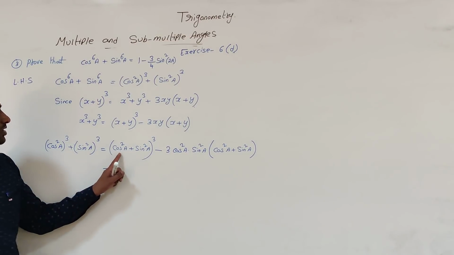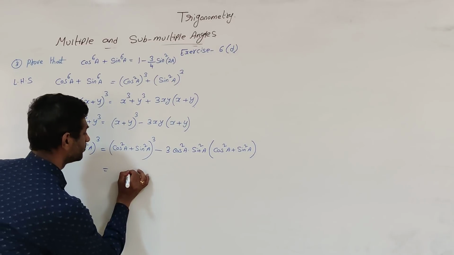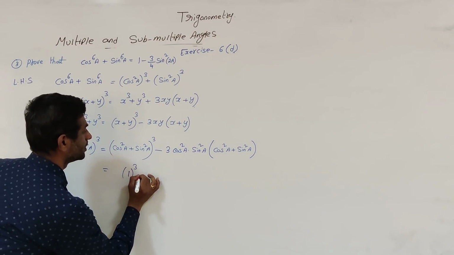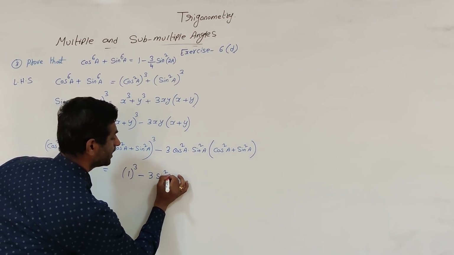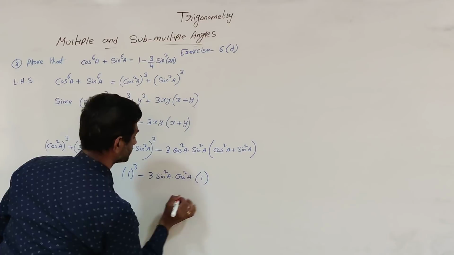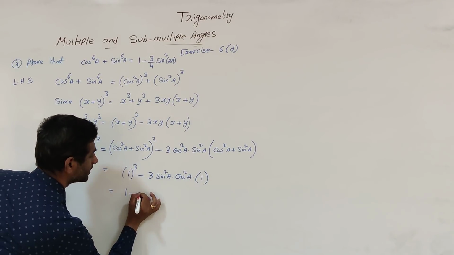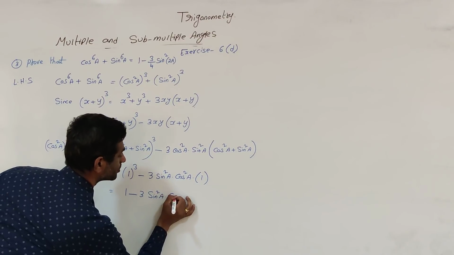But what will be cos square a plus sin square a? It is an identity, it will be 1. So 1 whole cube minus 3 sin square a into cos square a into, again it is 1. So it will be 1 minus 3 sin square a into cos square a.